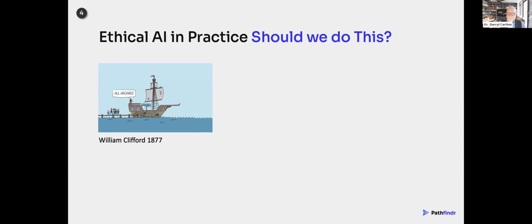The ship arrives safely in America. Does that make Clifford's decision ethical? Second scenario, the ship does not arrive in America, it sinks, all lives are lost. So the principle that used to exist before Clifford gave his speech was that the ends justify the means.